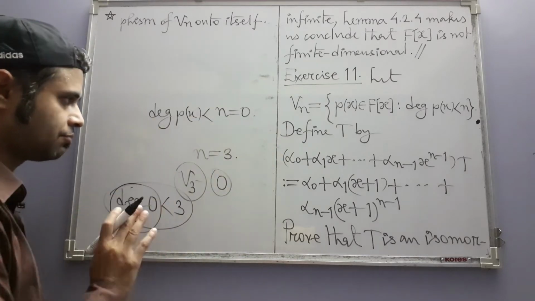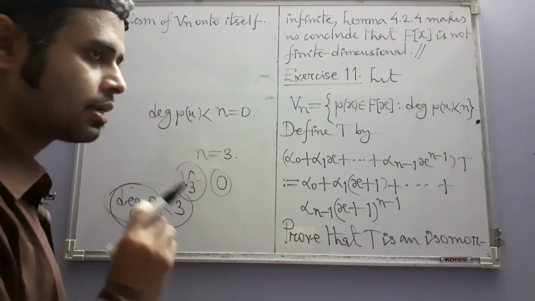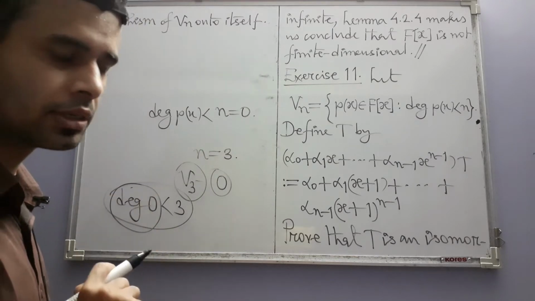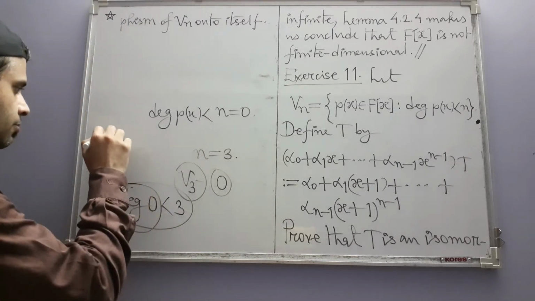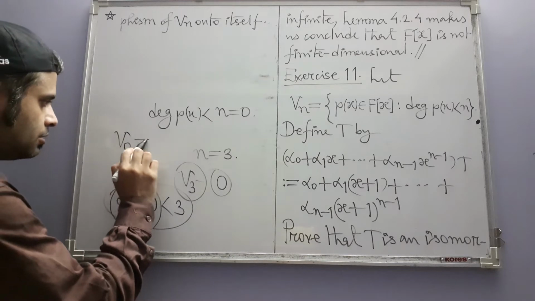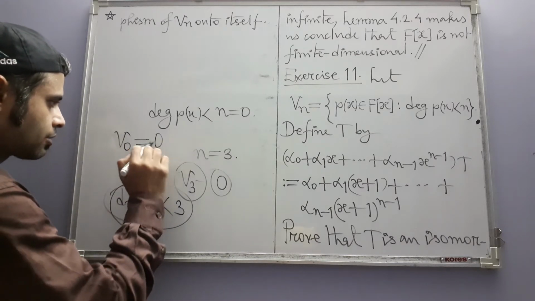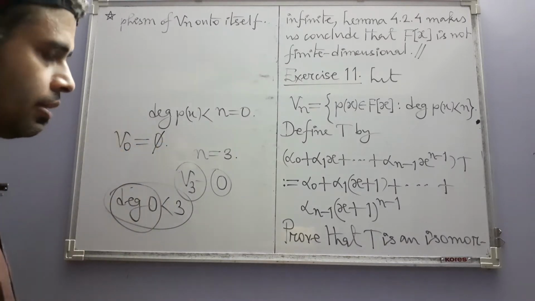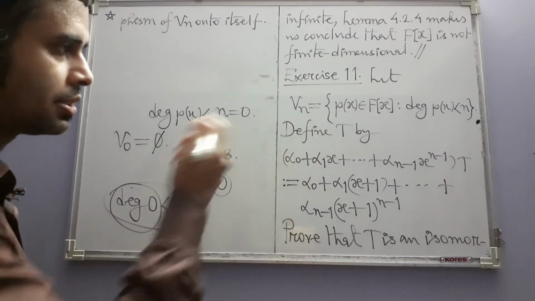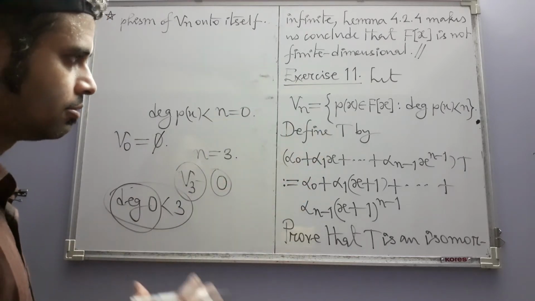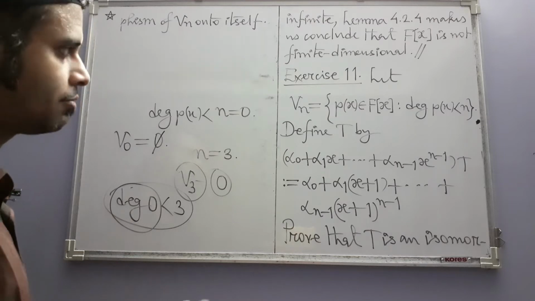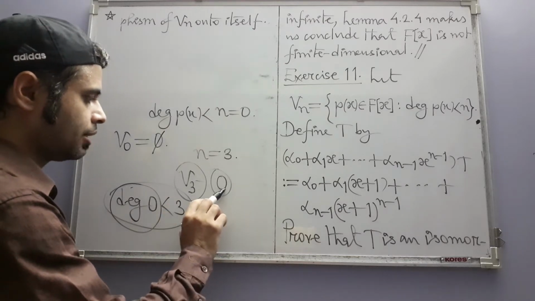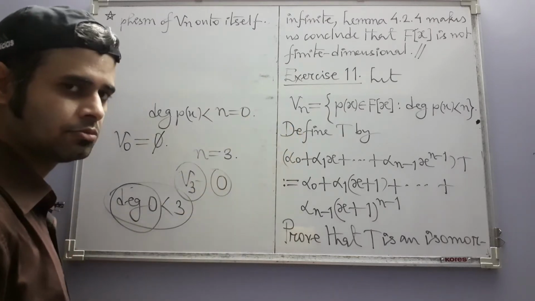The way we have defined degrees, the degrees are always non-negative integers. So that means V0 is actually the empty set, and the empty set of course is not a subspace of F[x]. So to rectify this problem, we of course have to separately supply 0 to Vn.